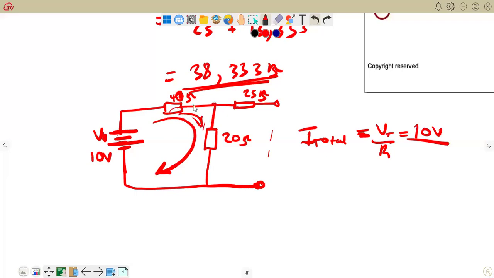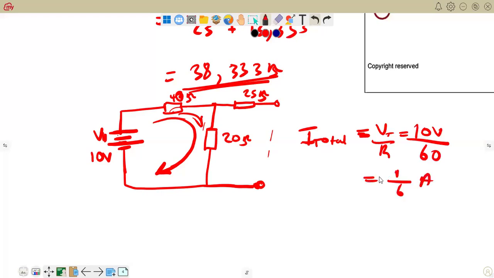But here, since we have an open circuit, the current that the 40 ohm resistor experiences will be exactly the same current that passes through the 20 ohm resistor. So the two are in series. We add them, 20 plus 40, that makes 60. So we can now divide that.